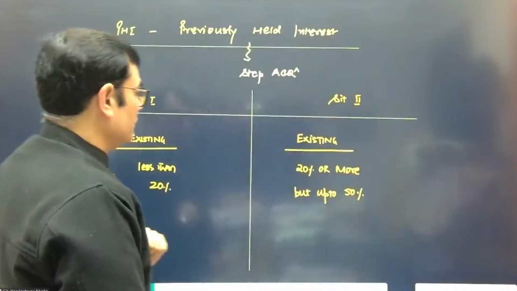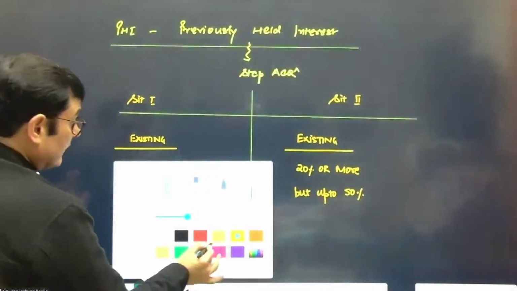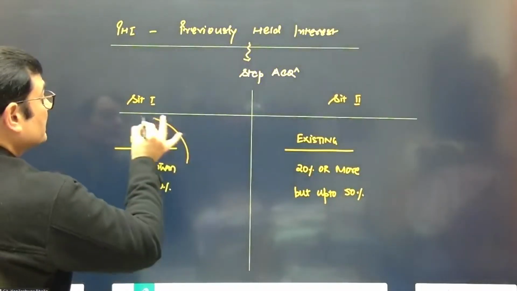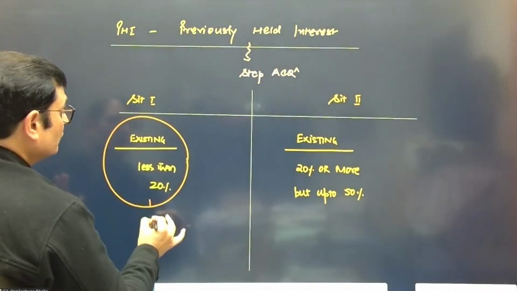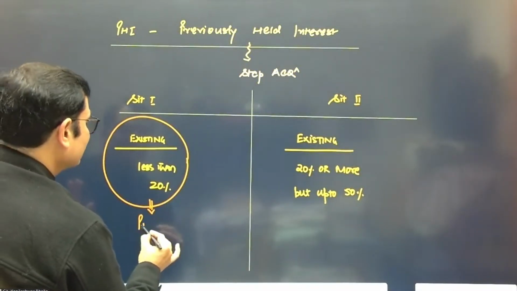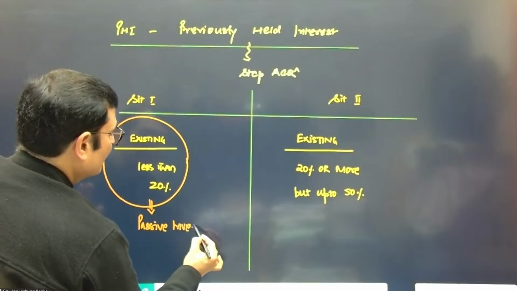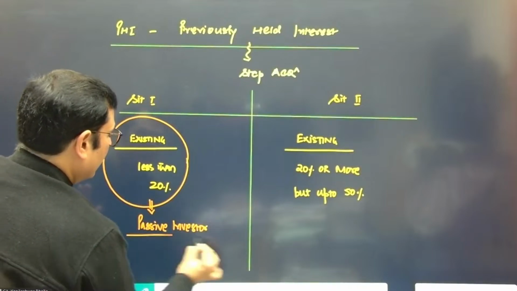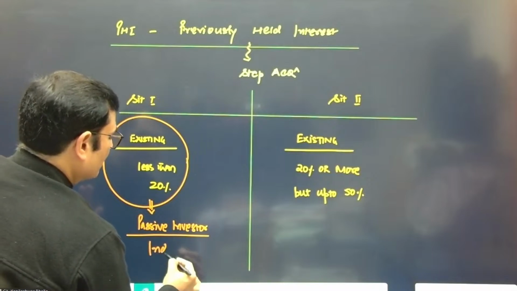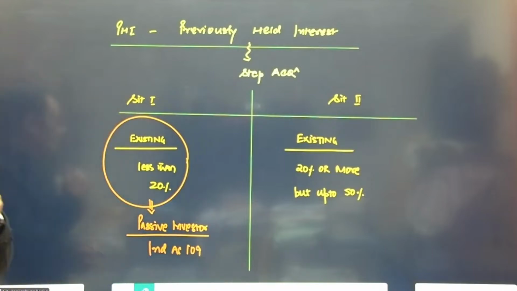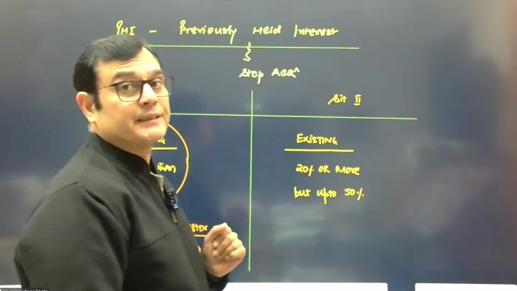Now let's get the position very clear. If the acquirer had less than 20% stake in the company, he was a passive investor. And when he was a passive investor, he would have measured this investment as per Ind AS 109. You heard me correct.